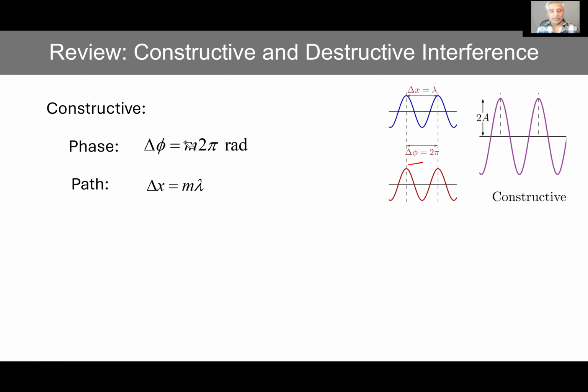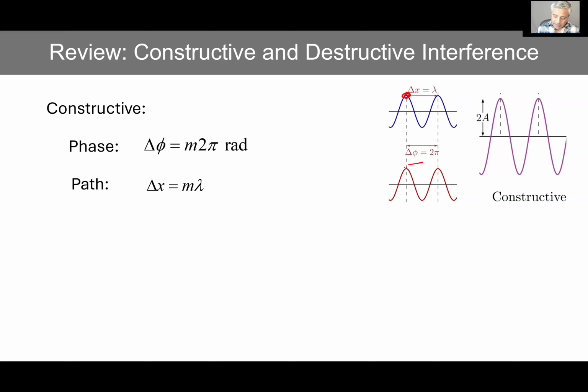That means they reinforce each other and produce a brighter spot. If we're talking about sound waves, that produces a louder sound, right?